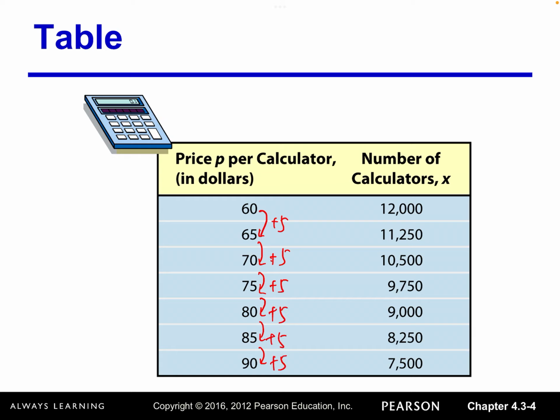What about the y? From 12,000 down to 11,250 is down 750. From 11,250 down to 10,500 is also down 750. And then you can calculate the rest of it, all down 750.